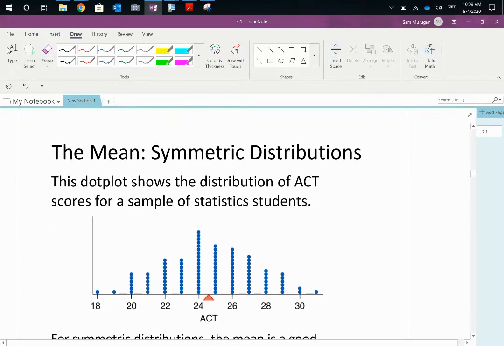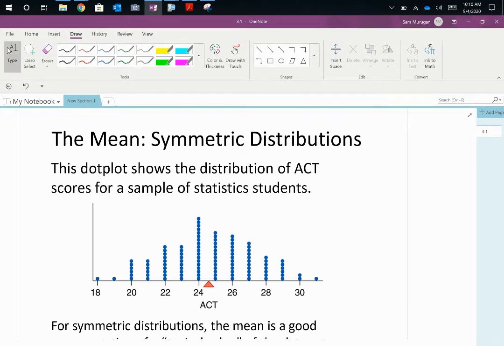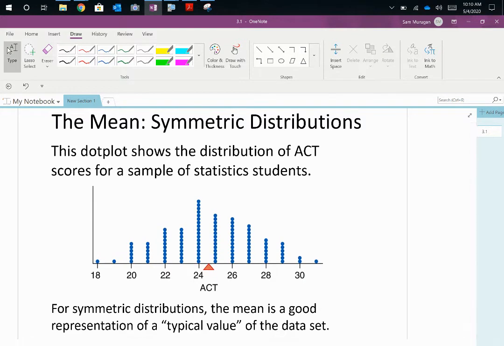Now, the reason we're not discussing shape so much is because the symmetric distribution means that we're going to use the mean as a good representation of the typical value.